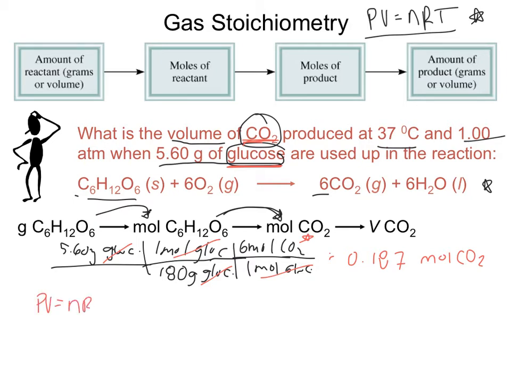So PV equals nRT. In this case, we are solving for volume. So really, the equation we're going to be plugging into is nRT over P. We know each of these variables. We know our pressure is equal to 1.00 atm.